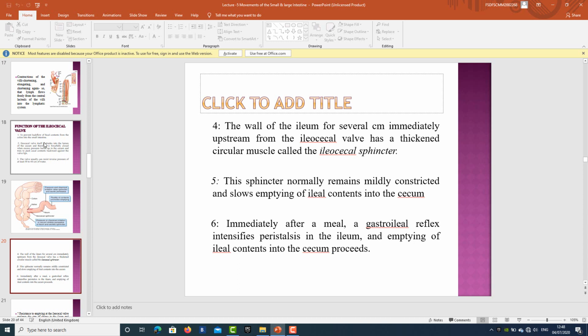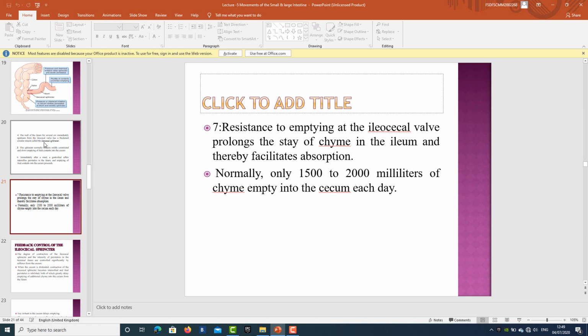The wall of the ileum for several centimeters immediately upstream from the ileocecal valve has a thickened circular muscle, so the word sphincter has been added to it, and this sphincter normally remains mildly constricted and slows emptying of ileal contents into the cecum. Immediately after a meal, a gastroileal reflex intensifies peristalsis in the ileum, and emptying of ileal contents into the cecum proceeds.